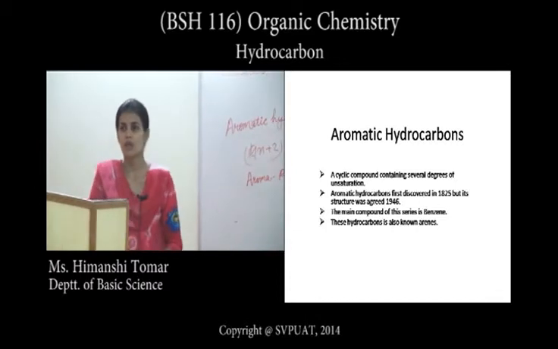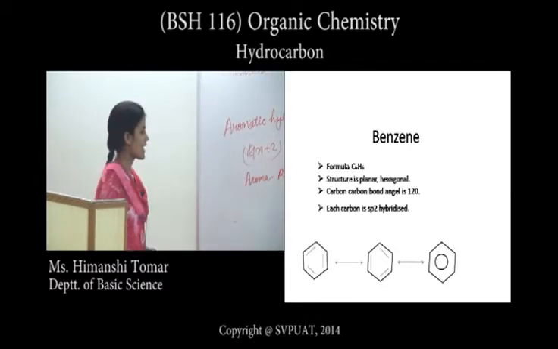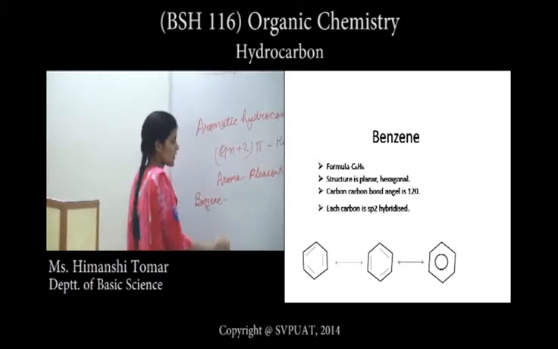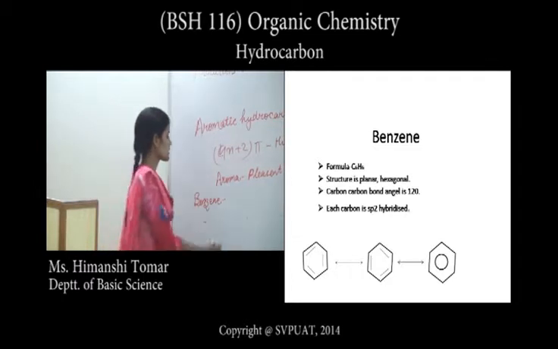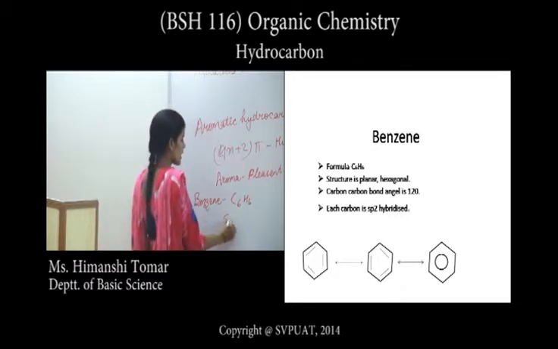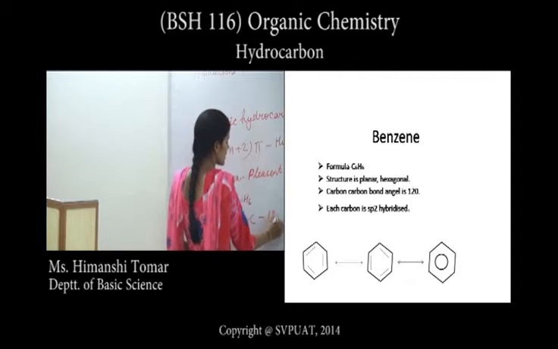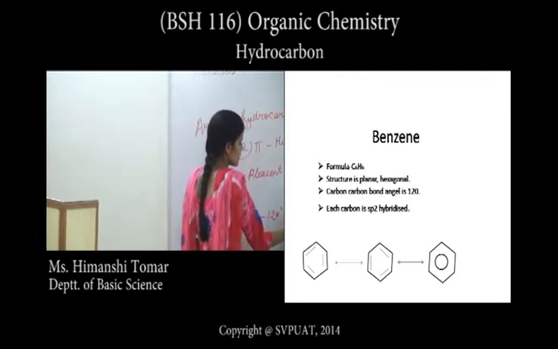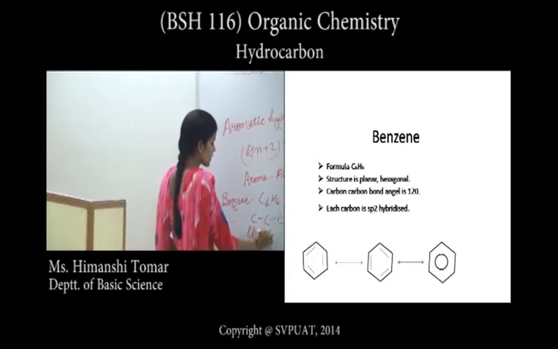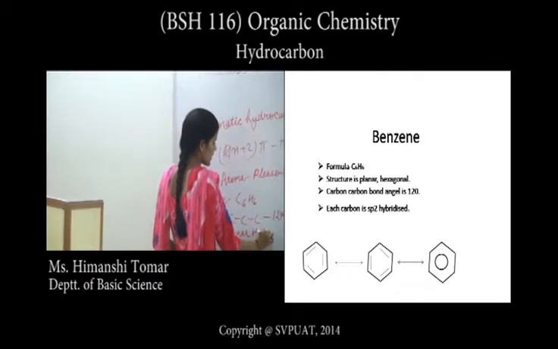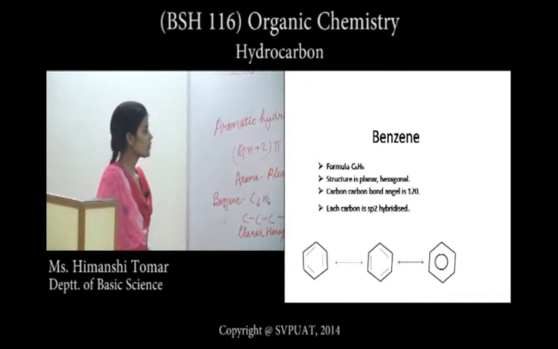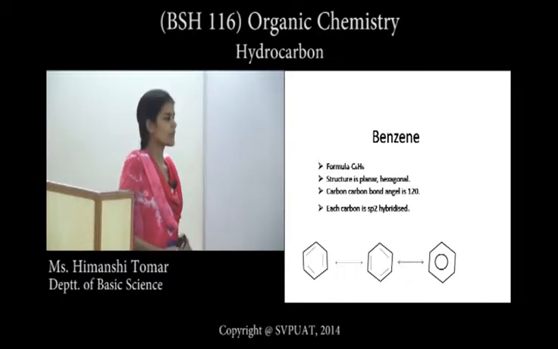The first compound of the aromatic hydrocarbons is benzene. Benzene has the molecular formula C6H6, and each carbon atom is sp2 hybridized at a 120-degree angle. The structure of the benzene ring is planar and hexagonal, because each of the six carbons has a hydrogen in the same plane.